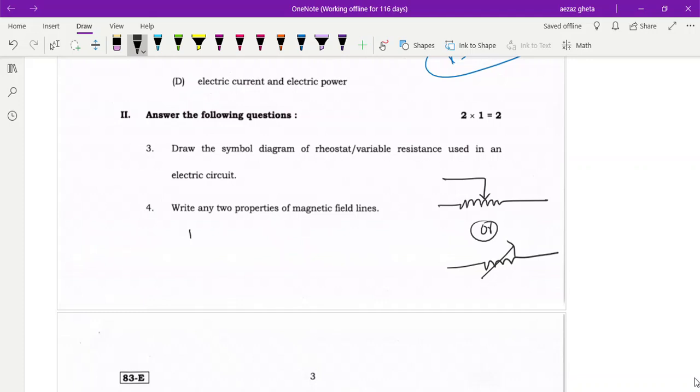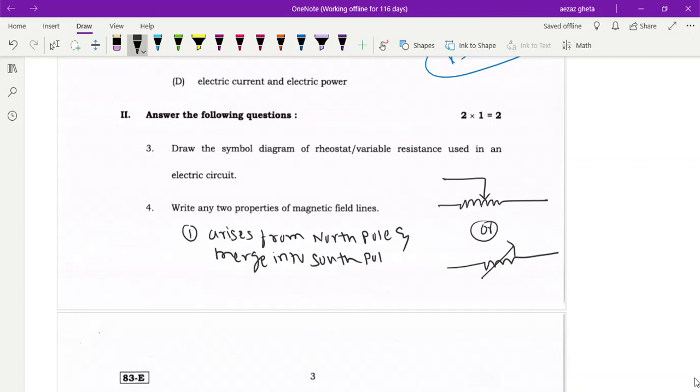Write 2 properties of magnetic field lines. See, magnetic field lines arise from the north pole and merge into the south pole.